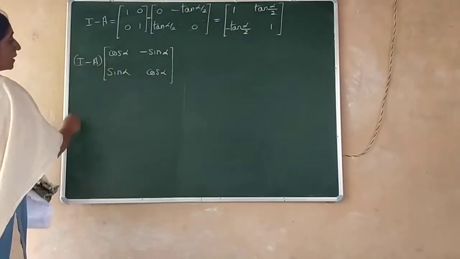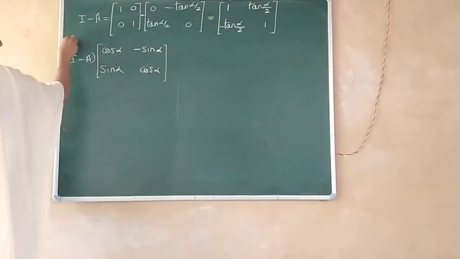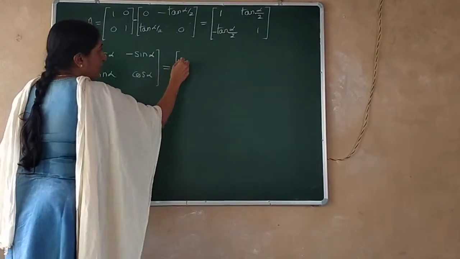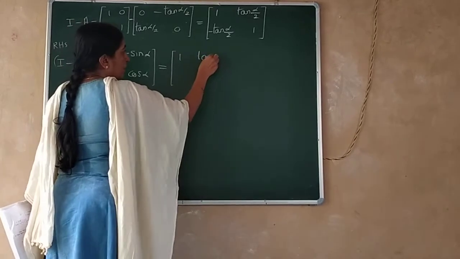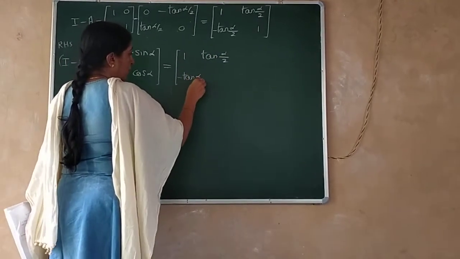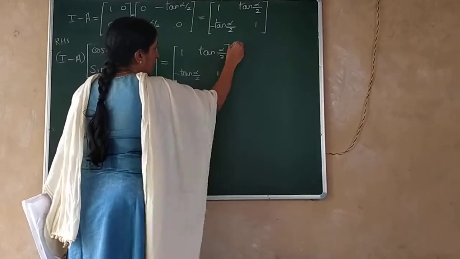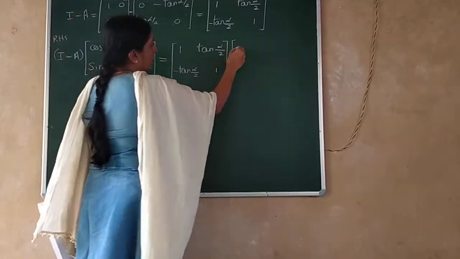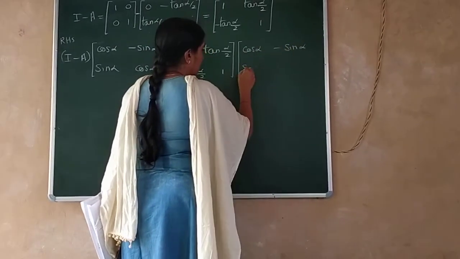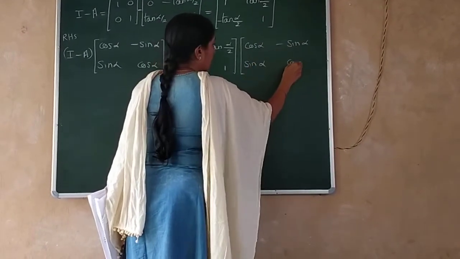So here we calculated I minus A, this is the right side part. What is I minus A? 1, tan alpha by 2, minus tan alpha by 2, and 1. And the next matrix will be the same: cos alpha minus sin alpha, sin alpha cos alpha.